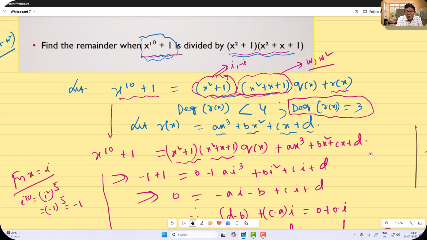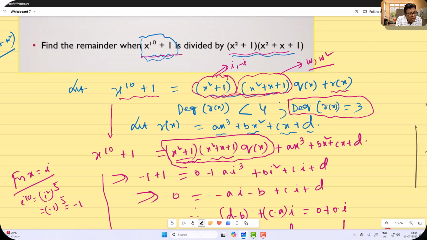So to get the values of a, b, c, d, you first put x equal to i on both sides. There is the advantage, because when you put x equal to i on both sides, this part will vanish, because this one has a factor x minus i.